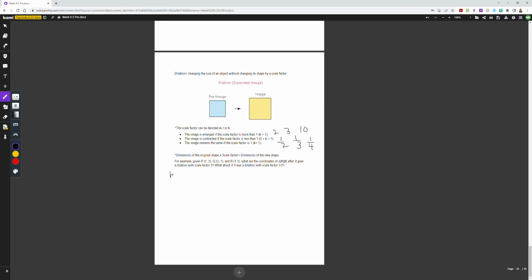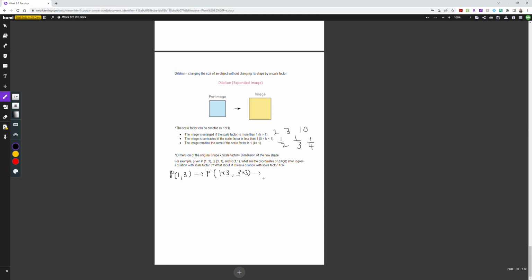So we have original P, 1, 3, and now as it goes through the dilation, it's going to be 1 times 3 and 3 times 3, right?